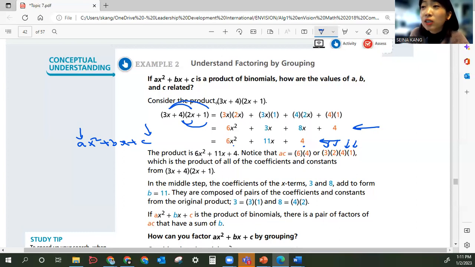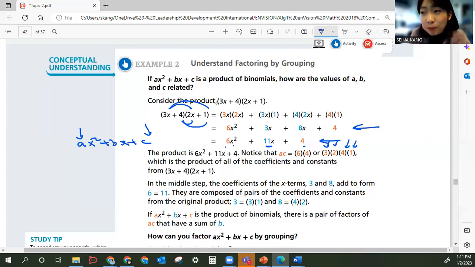So the factors are also all coefficients in the factored form. So the factors of your first and last coefficients should be the same as the factors that you add up to make this number.